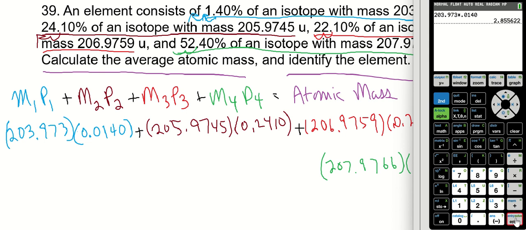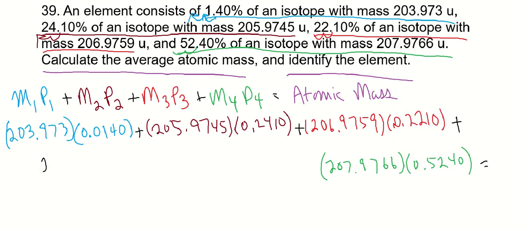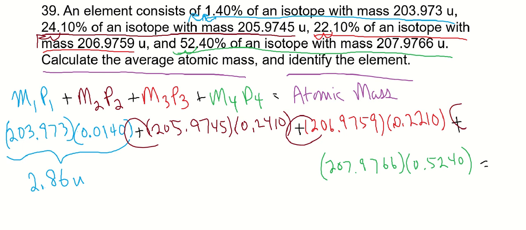It's going to be 2.86. In the end, I'll use the better numbers from my calculator. I'm just doing this so I know how many placeholders I need in my final answer, because we're going to end up adding after all this multiplication.